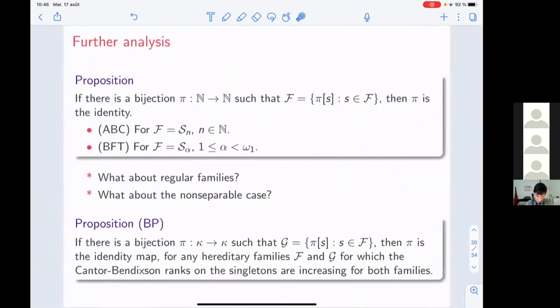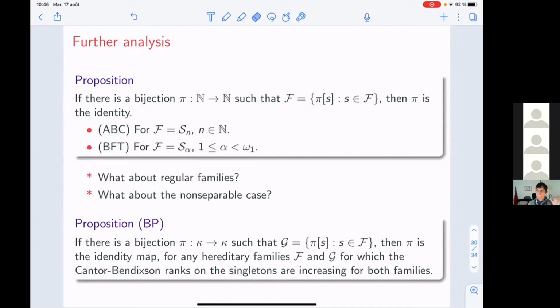Then we proved that in the general case, if we have a bijection between, here I stated with the cardinal, but it could be an index set, which takes one of those families onto the other, it will be the identity map as far as I know, if the Cantor-Bendixson rank of the singletons in these families is increasing.